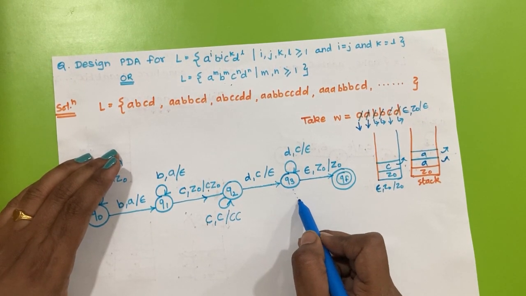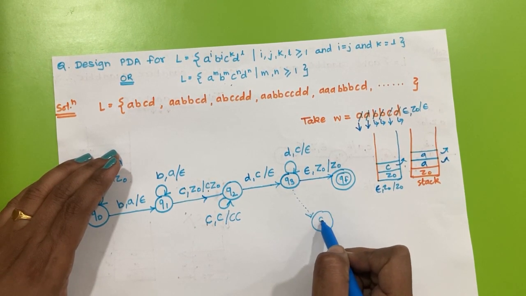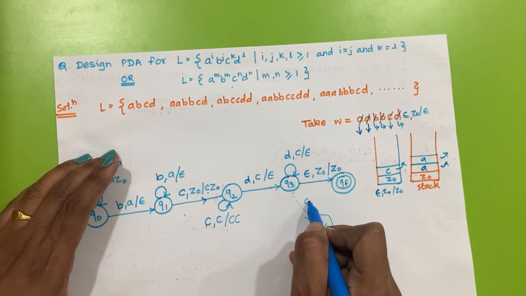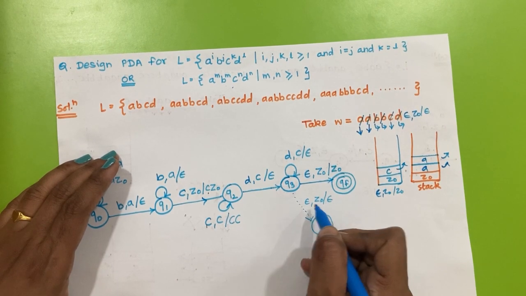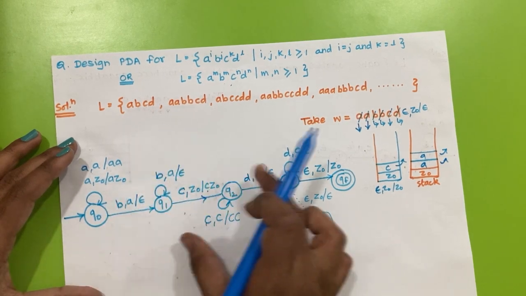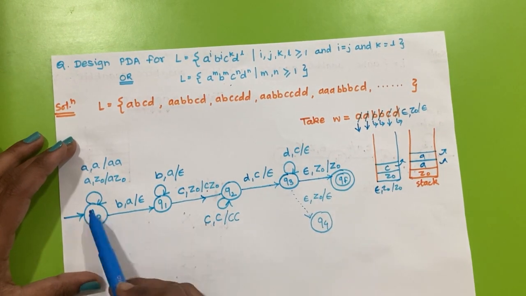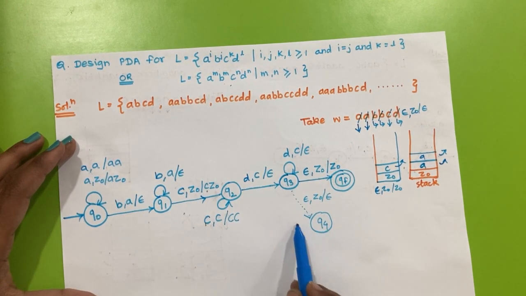And if we perform pop operation for acceptance through empty stack, then it will reach state Q4, and the transition will perform pop operation for popping Z0 also. This can be represented by this transition. You can draw two different PDA transition diagrams. For acceptance through final state, omit this transition.